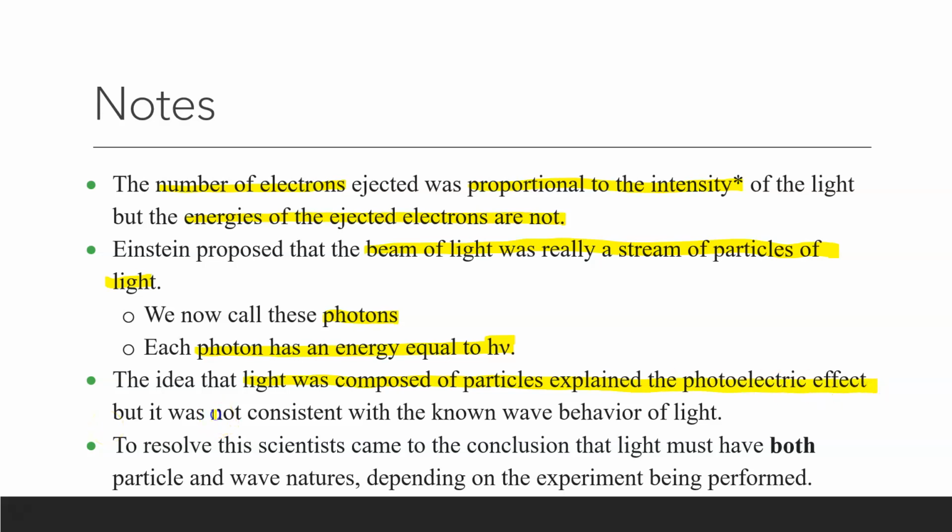However, it was not consistent with the known wave behavior of light. So scientists scratched their heads a little bit, and they decided that light must have both particle and wave natures, depending on the experiment being performed.